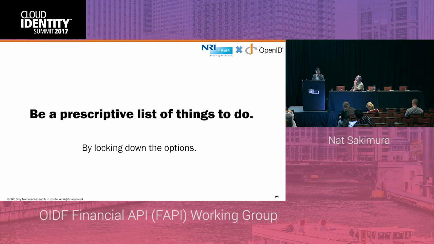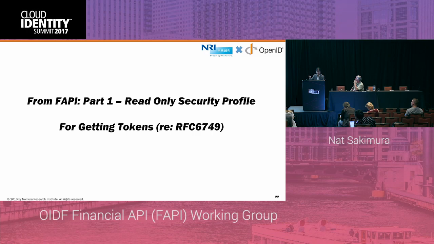And also, we wanted to be very, very prescriptive with lists of things you have to do. So I'm going to show you some of the requirements in the specs as is.